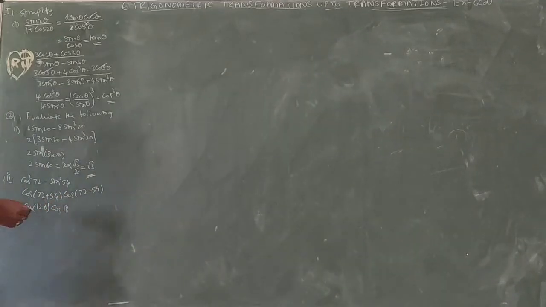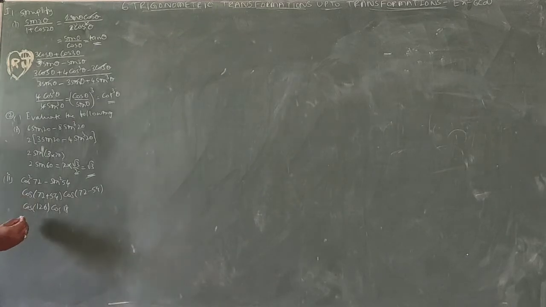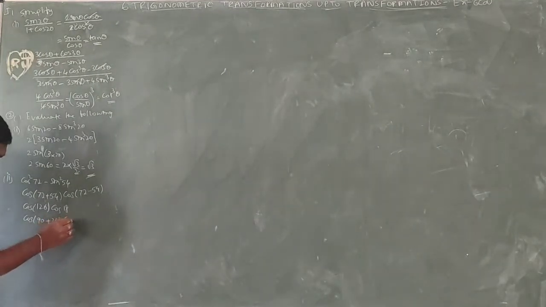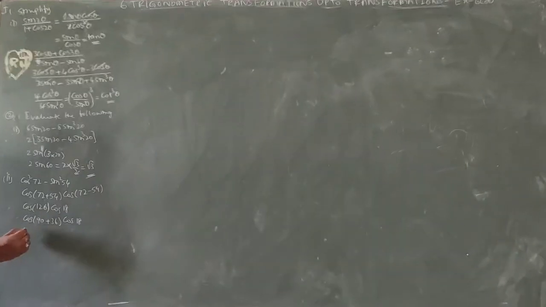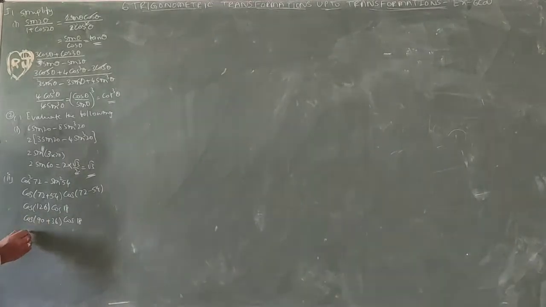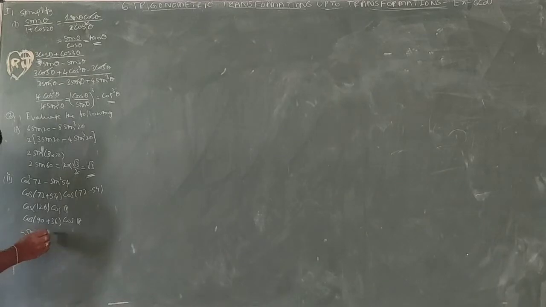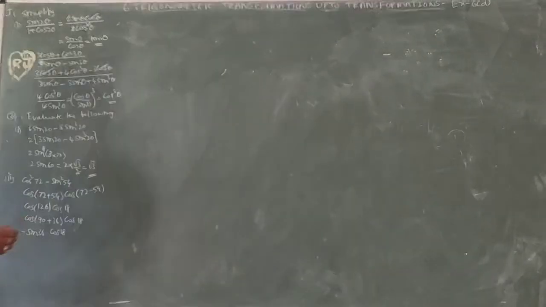So 126 I want to write as cos of 90 plus 36, into cos 18. So cos of 90 plus theta is minus sin theta, so minus sin 36 into cos 18.